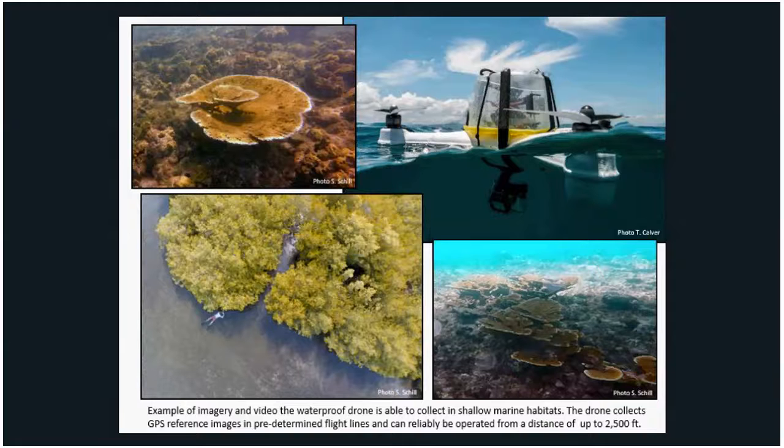But at the protected area level, drones are a great tool to monitor how these species are doing over time, especially in these shallow areas. These reefs you're seeing here, the Acropora palmata, grow in these shallow areas, and it's an endangered species in the U.S. But we're starting to see a comeback in certain areas, and so monitoring these with drones is a great tool for protected area managers.